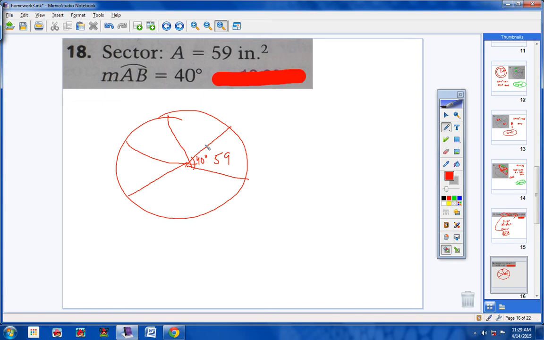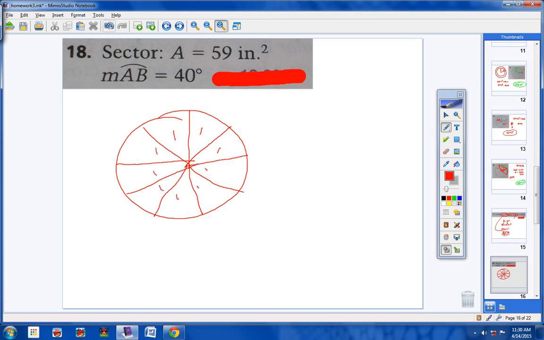And mine's way too big, but let's see, 90 degrees is here, so 45 is here, so 40 is about right there. One, two, three, four, five, six, 7, 8, 9.